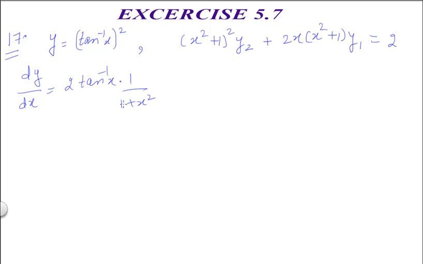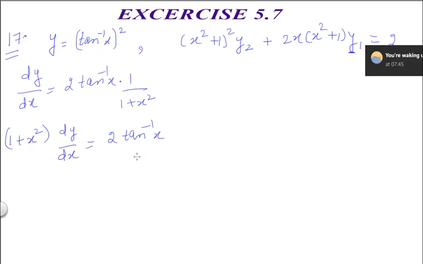Multiply both sides of the equation with 1 plus x square to avoid the use of quotient rule. Also we see that with first order derivative we have this term x square plus 1. So multiplying both sides with 1 plus x square, we get 1 plus x square dy by dx equals 2 tan inverse x.